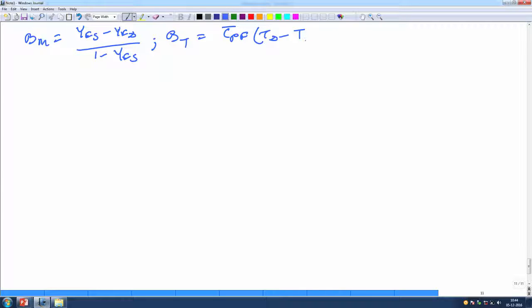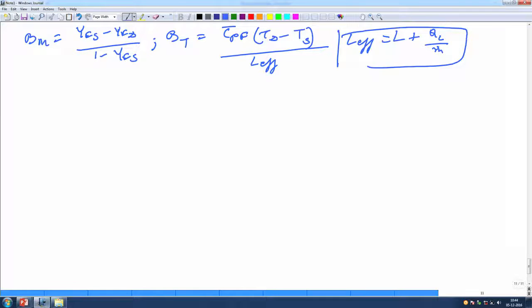We could have written it with Hs also, that was not a problem, and L effective, if you recall, was the latent heat plus QL by m dot also. Remember, this QL was the amount of heat that was going inside the liquid phase, right. Okay. And L was basically the latent heat. If you recall your earlier classes, that is what we did in those classes as well.